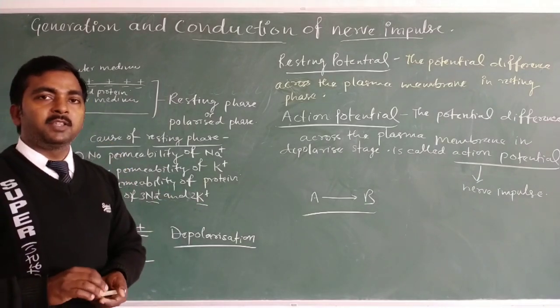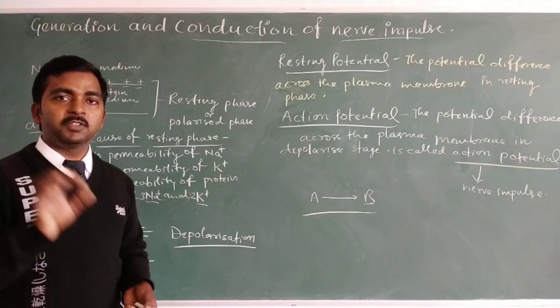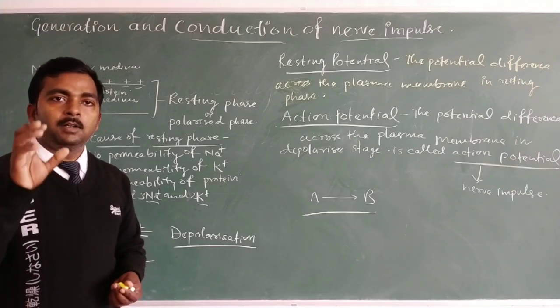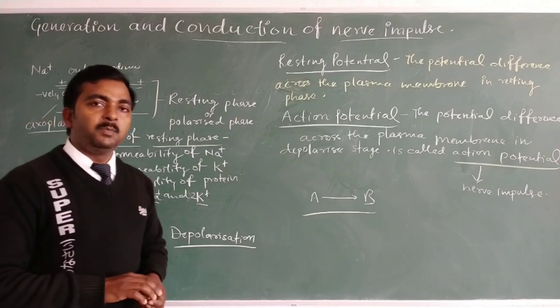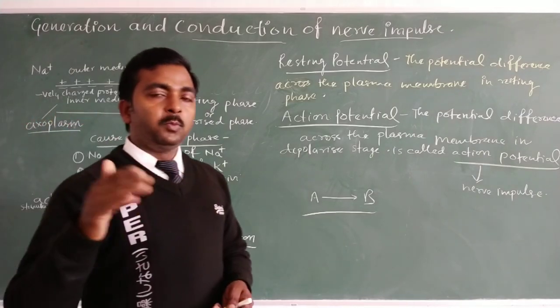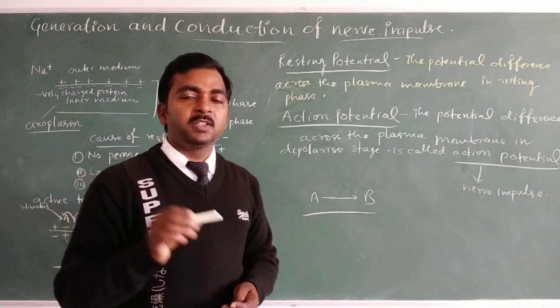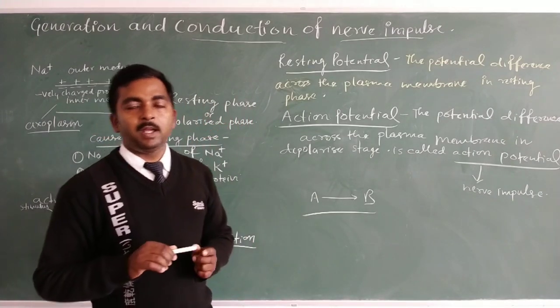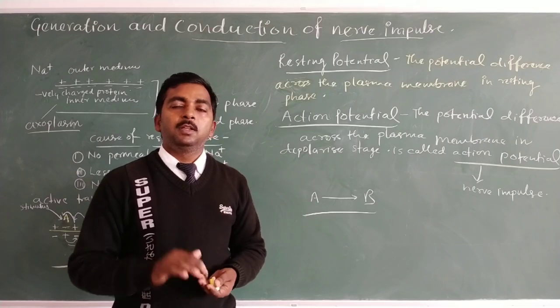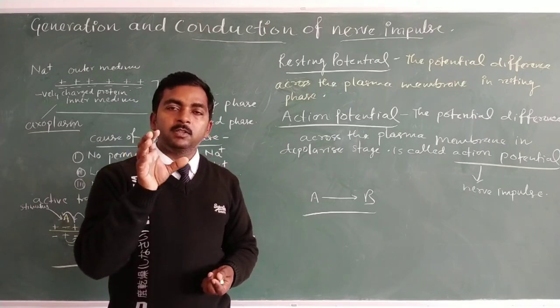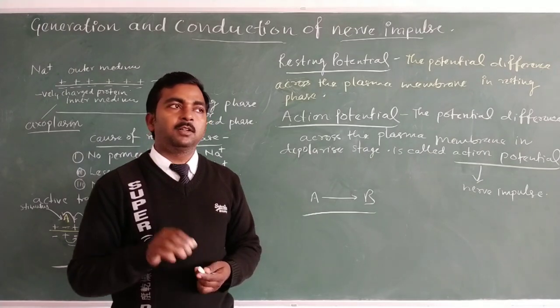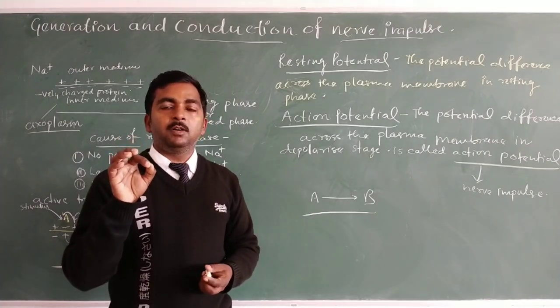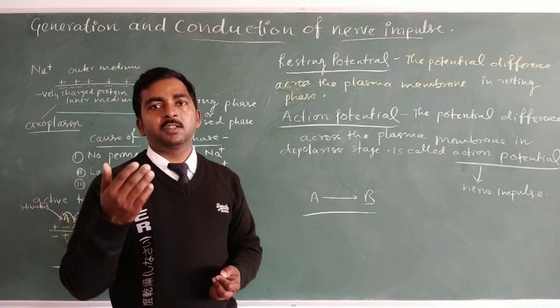In this way, the potential difference or action potential as nerve impulse is transmitted across the plasma membrane, and when that action potential reaches the synapse, the synaptic vesicles receive that impulse and move toward the presynaptic membrane of the synapse, and from that portion the synaptic vesicles release the neurotransmitter into the synaptic cleft.